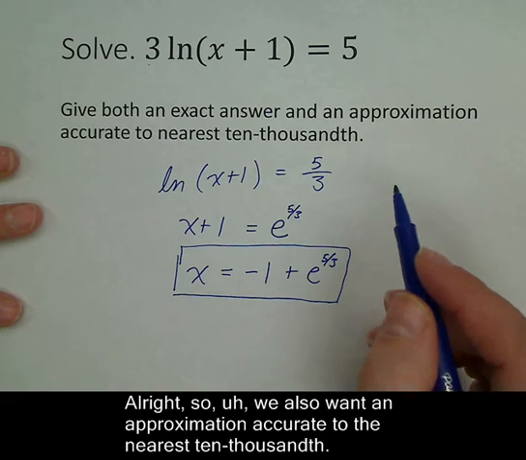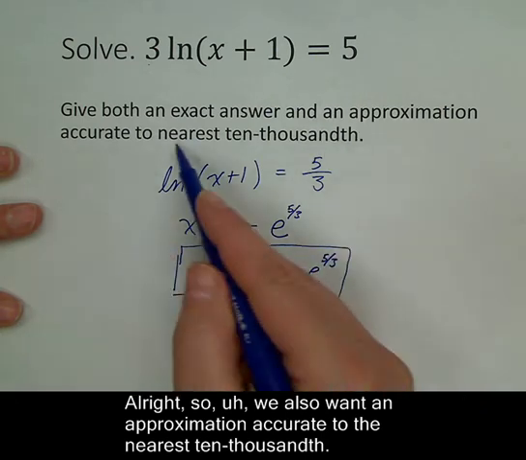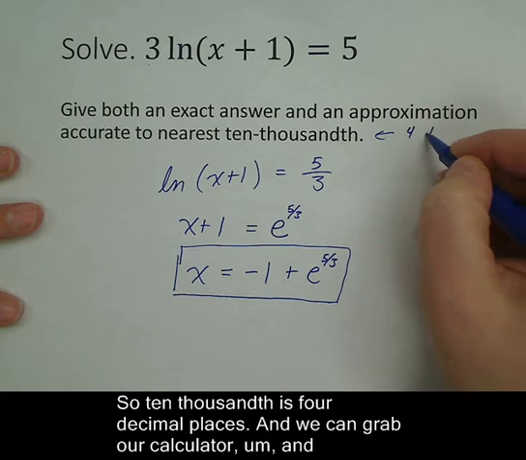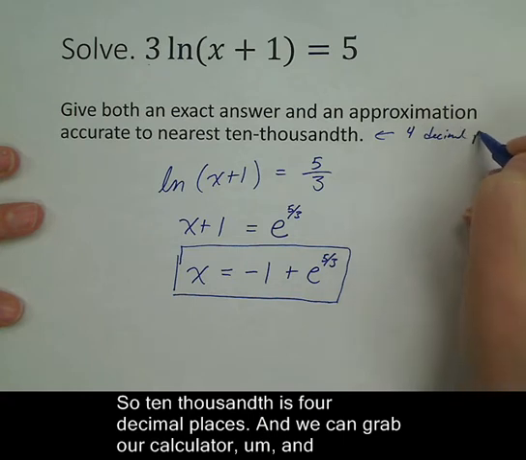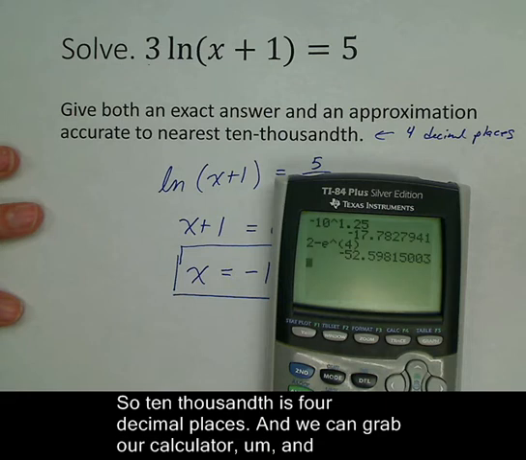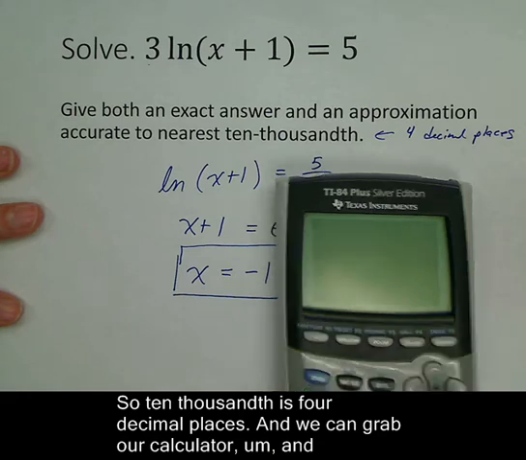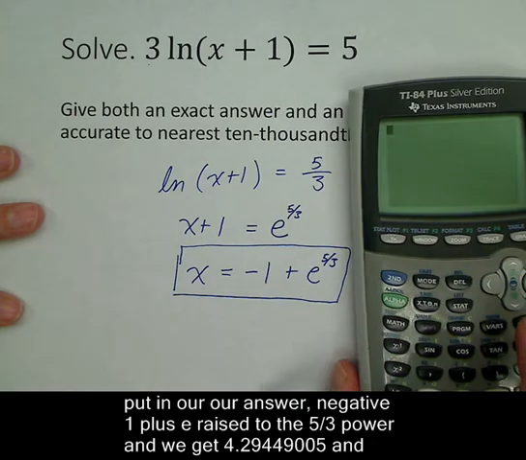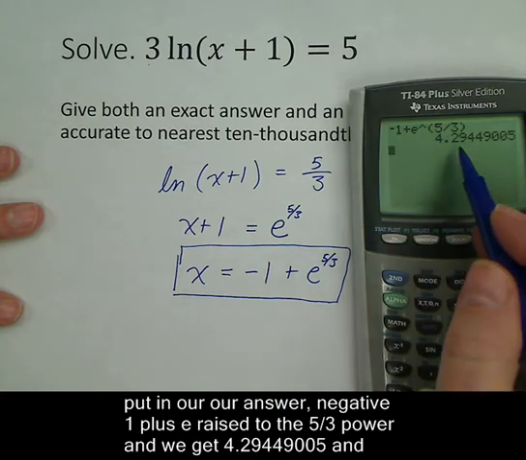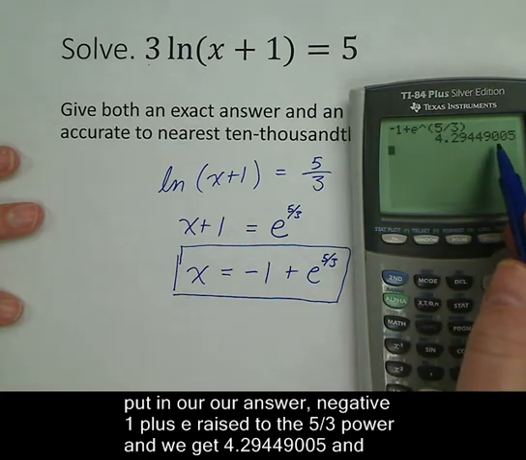All right, so we also want an approximation accurate to the nearest 10,000th. So 10,000th is 4 decimal places. And we can grab our calculator and put in our answer, -1 plus e raised to the 5/3 power. And we get 4.294490005.